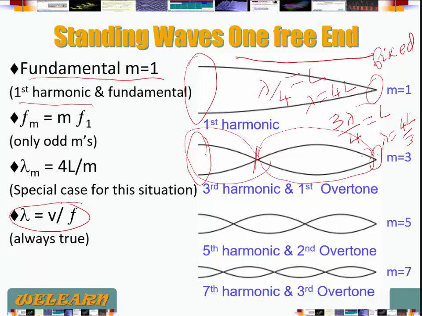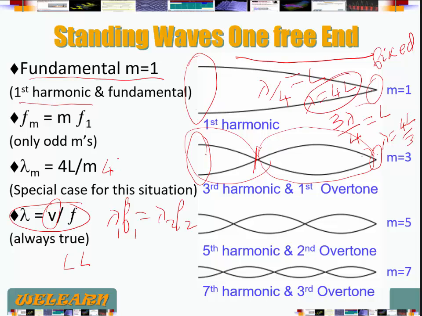What's not going to change is the speed of the wave, meaning lambda times f is going to be the same. Lambda 1 f1 is lambda 2 f2, because lambda times f is equal to the velocity. For the fundamental frequency, for lambda, we had 4L here.